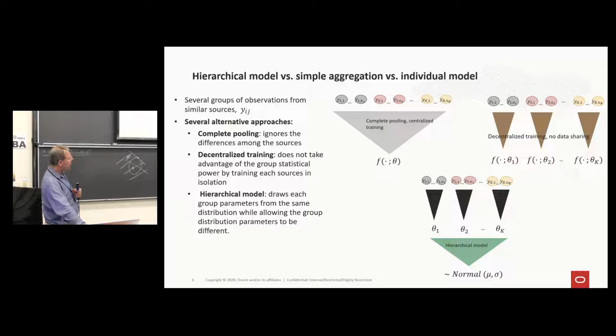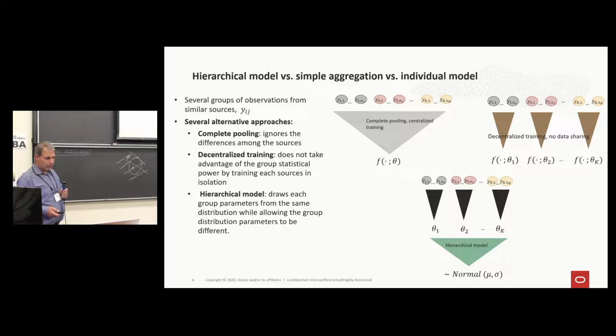The hierarchical model combines the benefits of these two extremes, centralized and decentralized training, and reduces the harms.